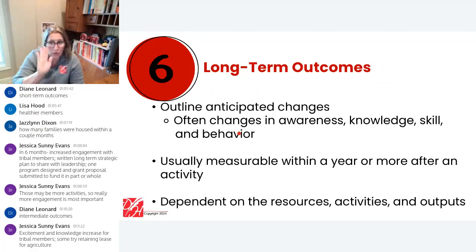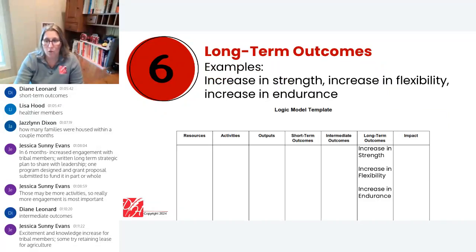So same basic text, changes in awareness, skill, knowledge, and behavior. But we're further out. And for many, you do not have access to folks any longer. And if you could have access to them, it might cost more money in order to get to them.